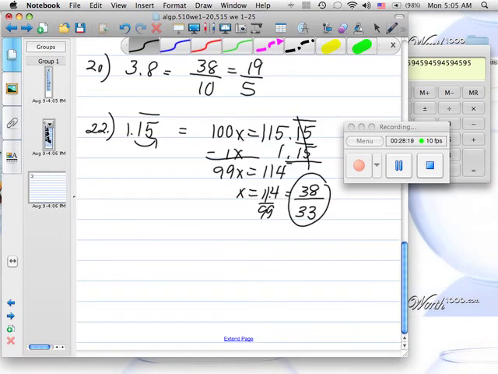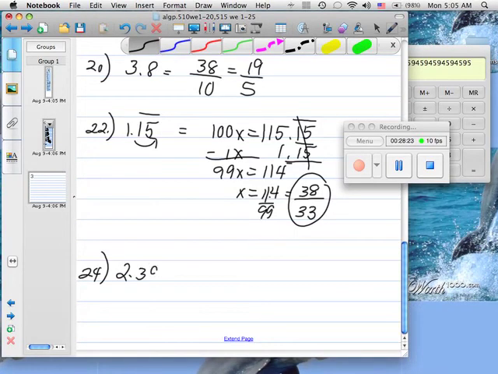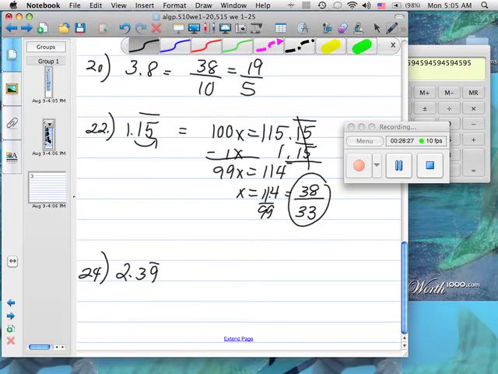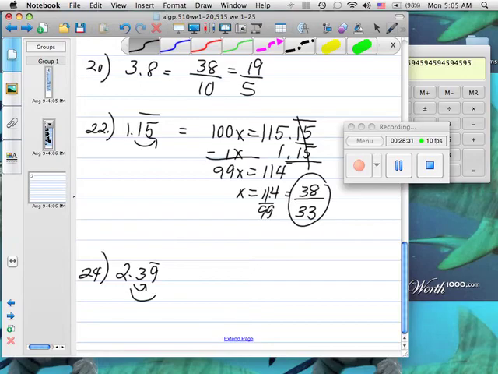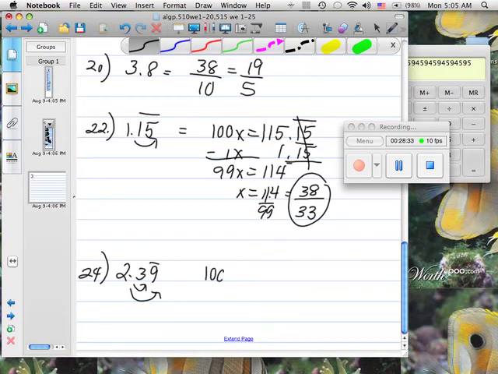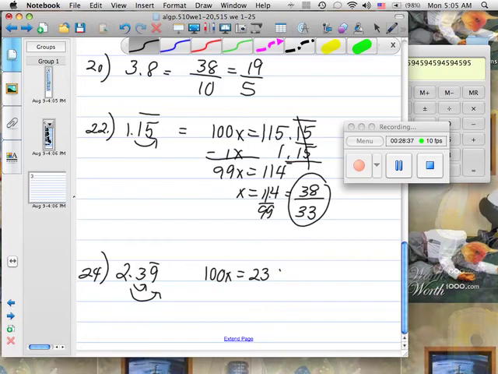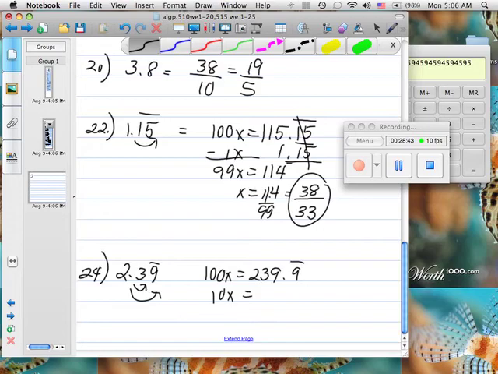Number 24, 2.39 repeating. We can't use 1x because the 3 does not repeat. To get the bigger number, we're still going to use 100x, which is 239.9 repeating. And the smaller number, we're going to use 10x, which will give us 23.9 repeating.